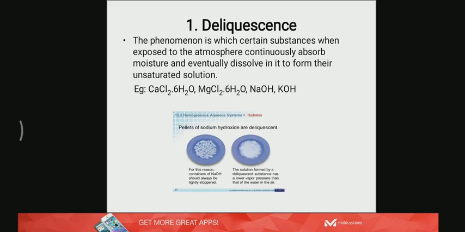Today we discuss two important phenomena related to solid gas equilibria.